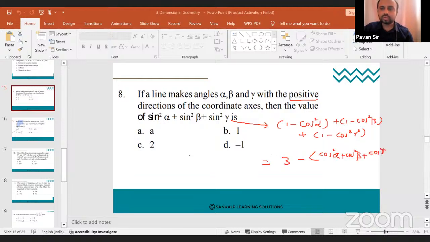Cos square alpha, cos square beta, cos square gamma. Students, one minute, something is mistaken.